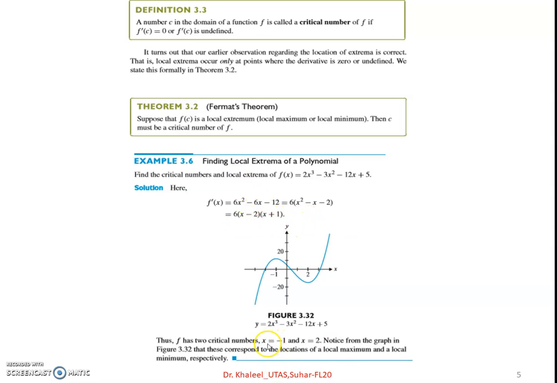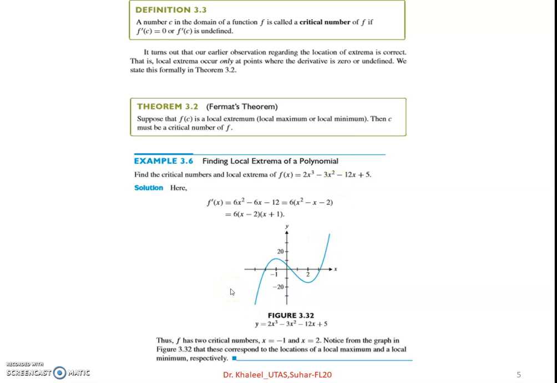I get two solutions, -1 and 2. So, at x equal to -1, f prime of x is 0, therefore it is a critical number. At x equal to 2, f prime of x is 0, therefore it is a critical number. So, there are two critical numbers and both are in the domain, because the domain of this is all real numbers.